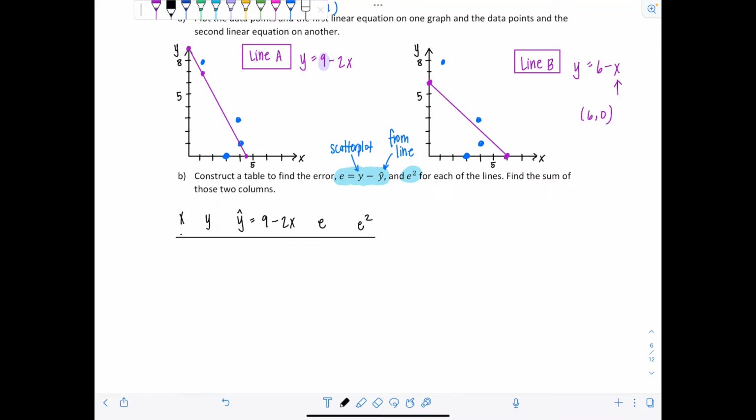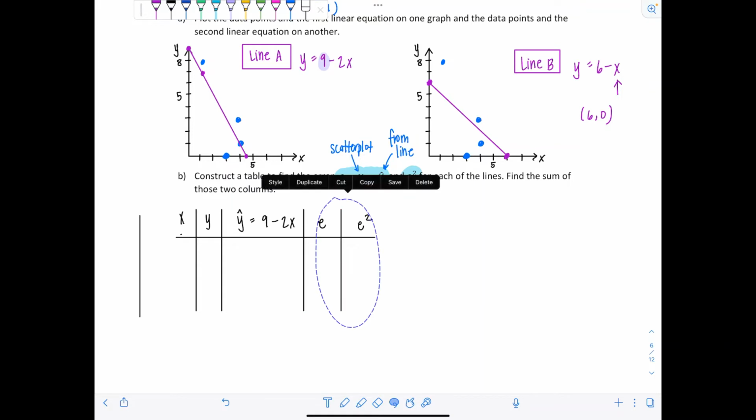Okay, and then we want a line going down. I'm constructing a table by hand. Bear with. There we go. Am I happy? I think I'm as happy as I can be.